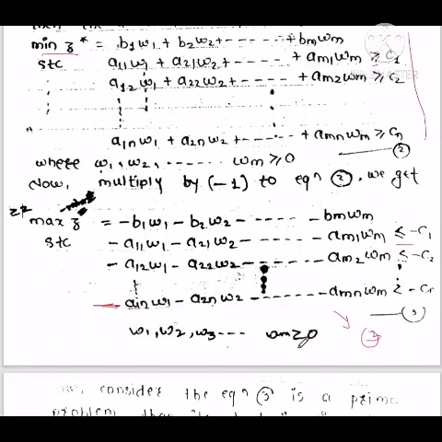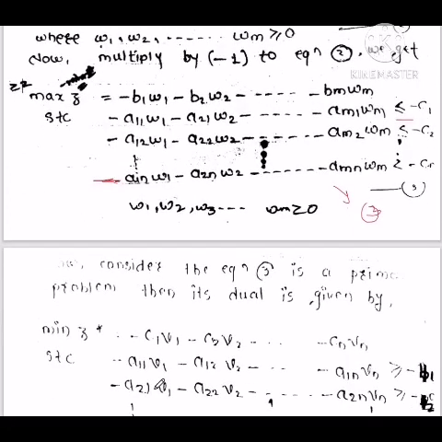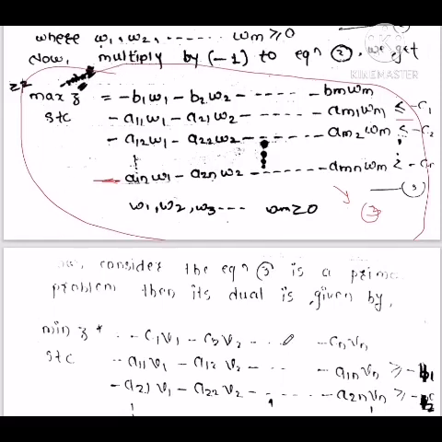Now let us consider equation number 3 as the primal problem. Then its dual is given by the following.